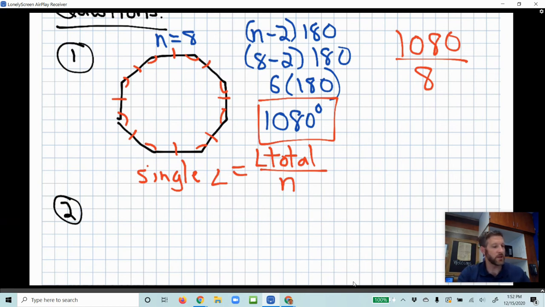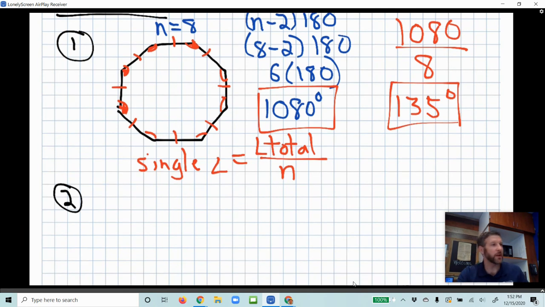In this case, 1080 divided by 8 is 135 degrees. Each of these angles here is 135 degrees, for a total of 1080, which you can see makes sense. So again, use the formula to find the total, and if it's regular and you need to find one angle, you just divide by the number of sides.